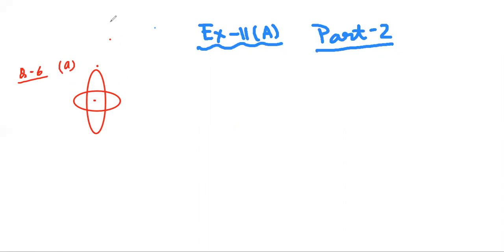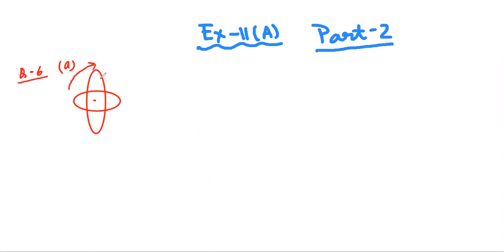What is order of rotational symmetry? It means if we rotate this figure, how many times can we rotate it and its appearance will not be changed.